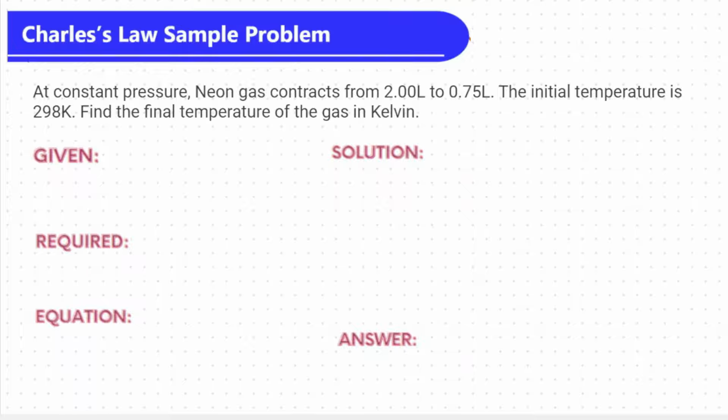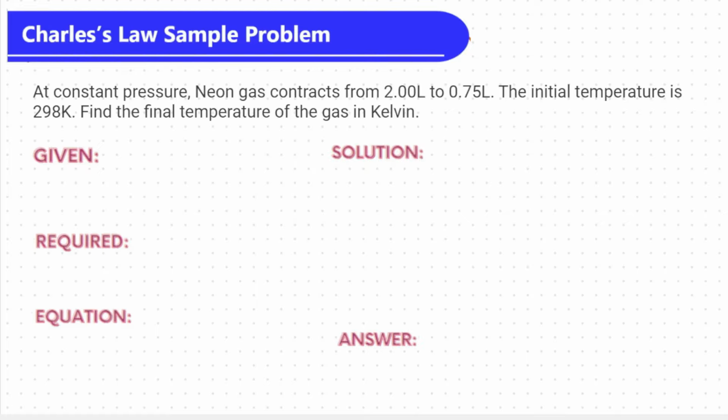The initial temperature is 298 Kelvin. Find the final temperature of the gas in Kelvin. So in this case, our temperature is already in Kelvin, so there's no use for us to convert kasi naka-Kelvin na siya.